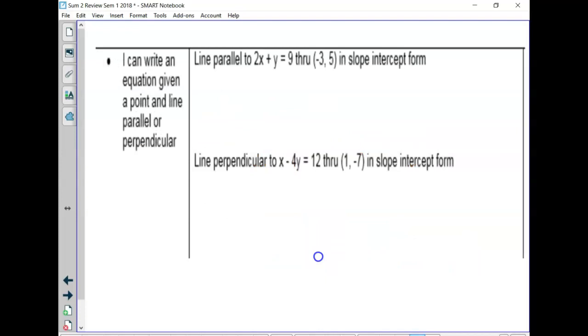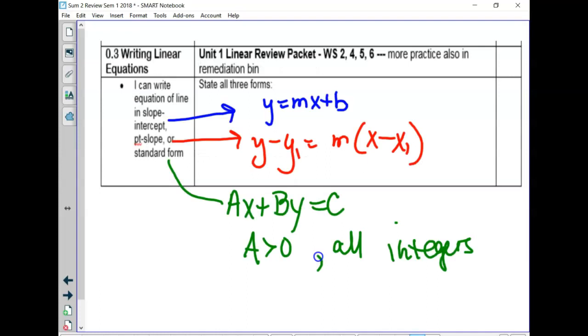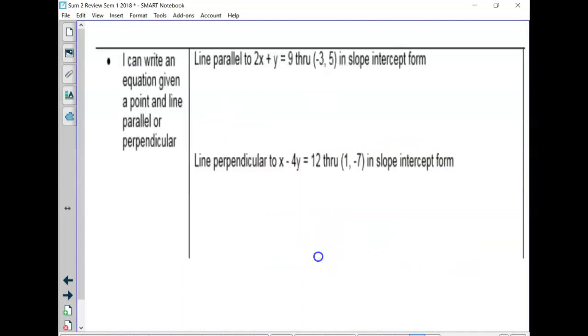So what do you need to see? Good, Mark? All right, the one that says perpendicular to this. Is there a slope easily pulled out of that? Not yet. Let's see, if I subtract an x over to the other side, I'd have negative 4y equals negative x plus 12.